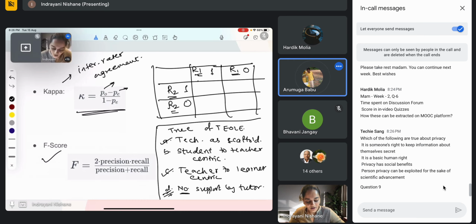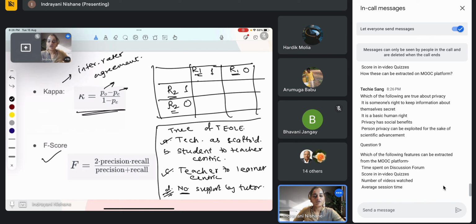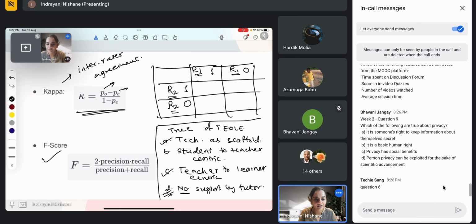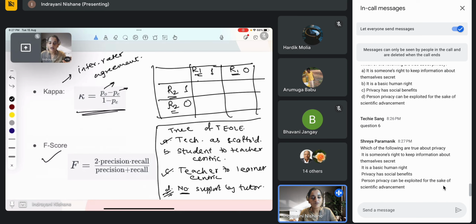Yes. So let me first tell you what log data is. When we say log data or clickstream data, for better understanding, let's say clickstream data. Clickstream data means we are noting the number of clicks happening on that MOOC platform. Number of clicks may correspond to different actions.